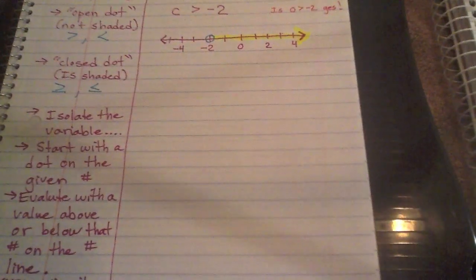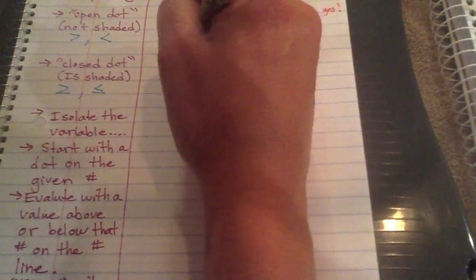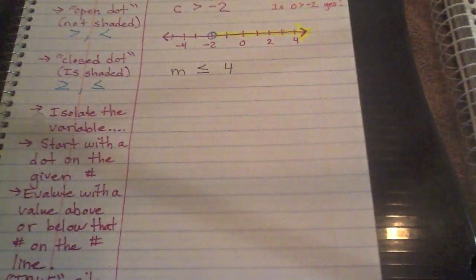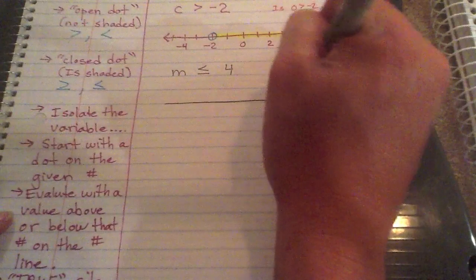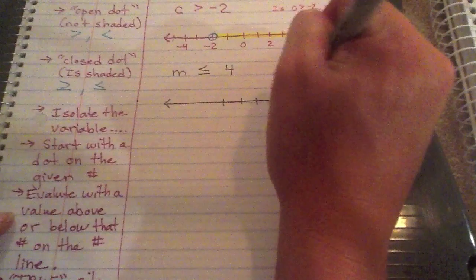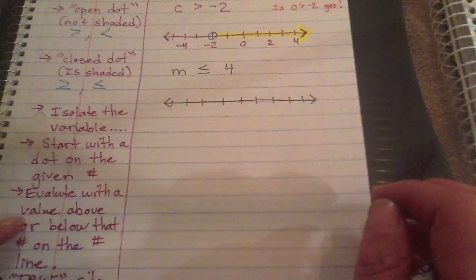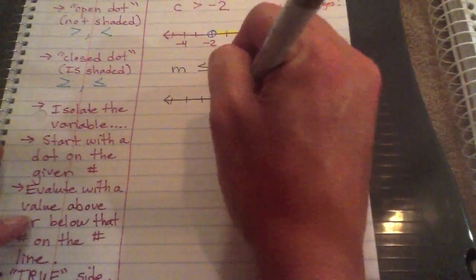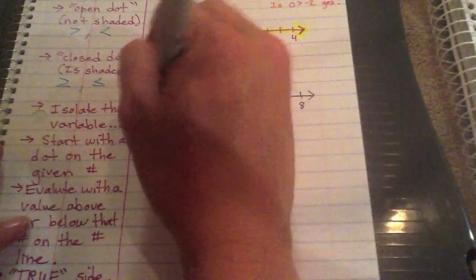The next example is m is less than or equal to 4. So we draw our number line, and we need 4 somewhere in the middle, so 4, 6, 8, 2, 0.